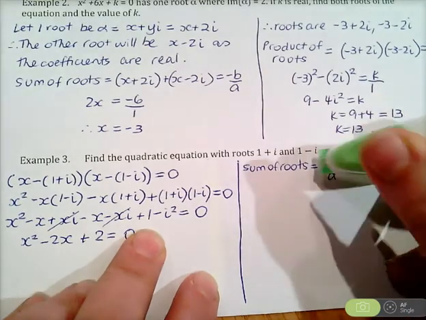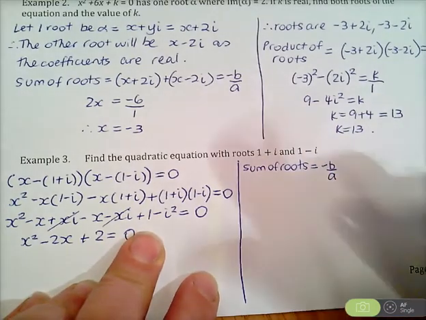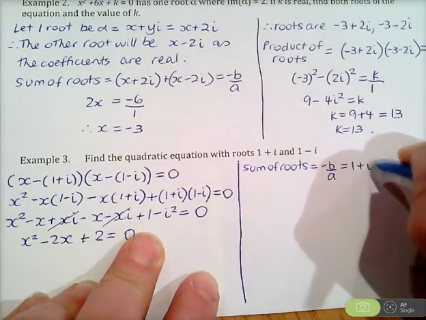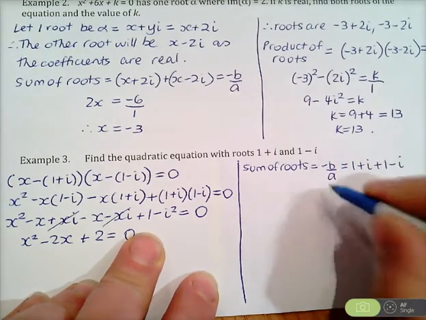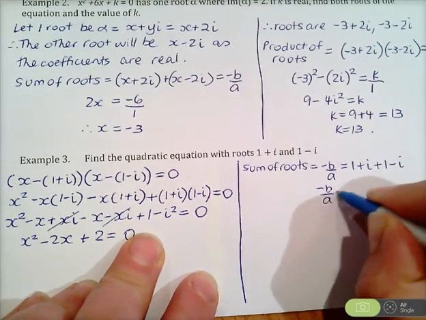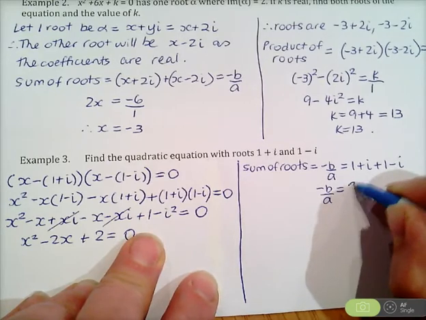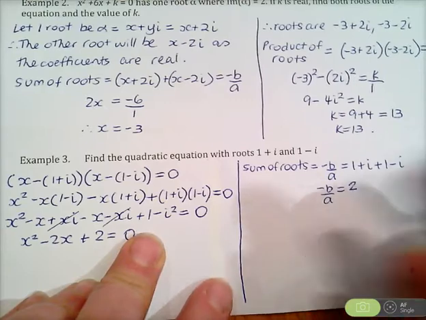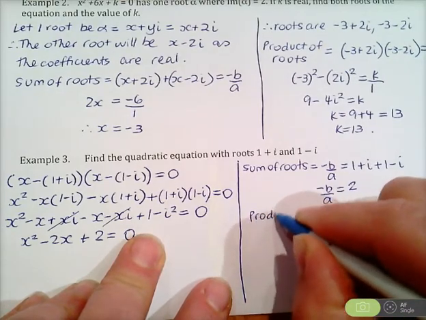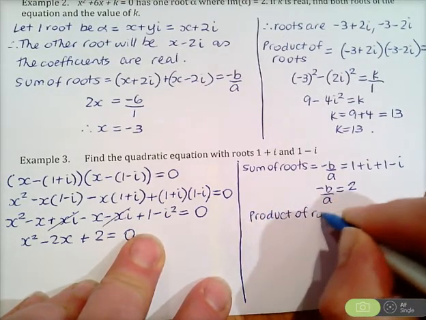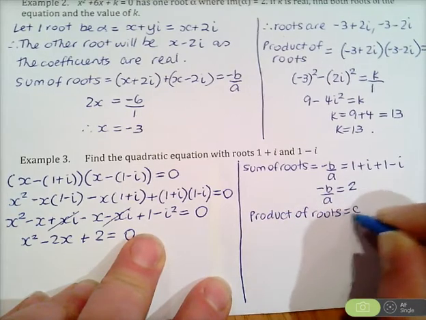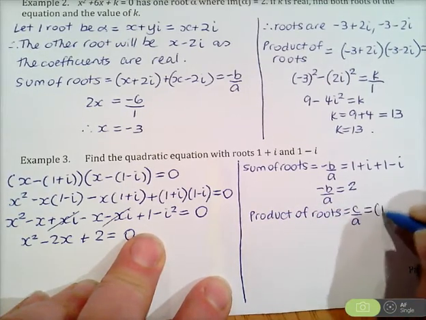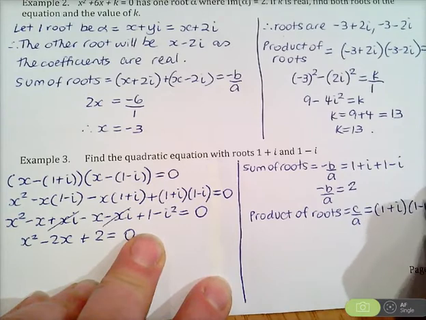Now, sorry, before I write that, I can do that, which happens to be 1 plus i plus 1 minus i. In other words, minus b on a is equal to 2. So we'll just leave that there. And so the product of roots we know is c on a, which is 1 plus i times 1 minus i.